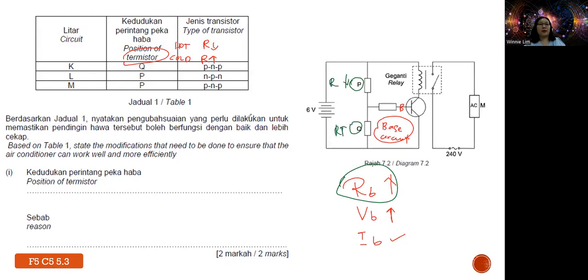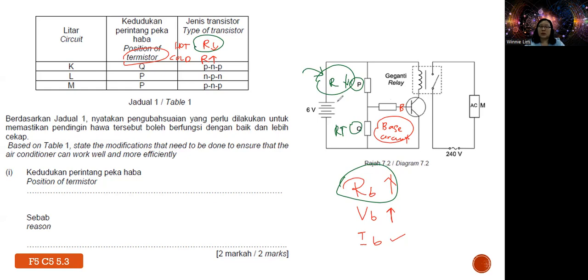So when do you want the aircon to function? When the temperature is very hot, right? When it's hot, the resistance is low, so you have to place it on top. Then you have the condition of low resistance causing the base circuit to have high resistance.